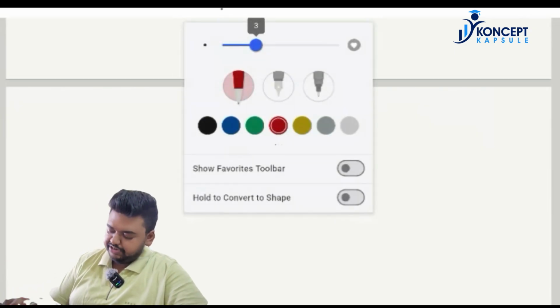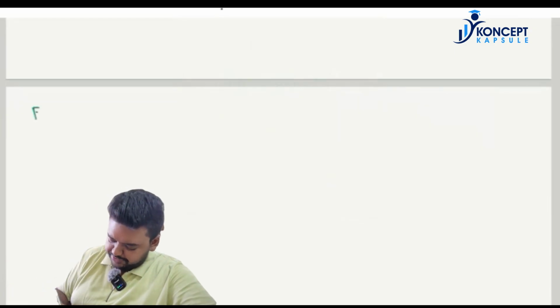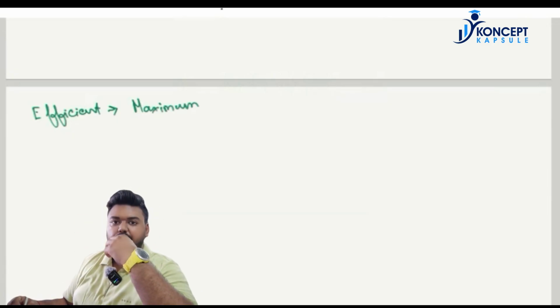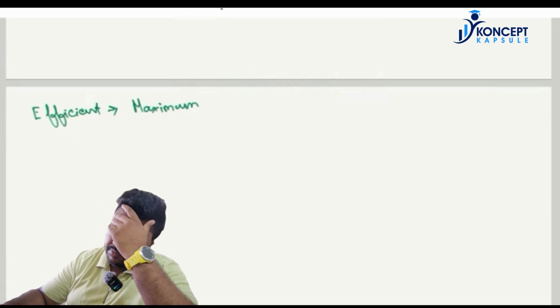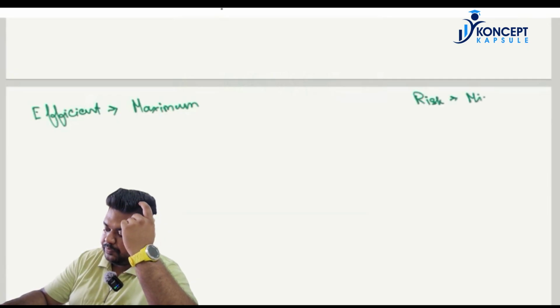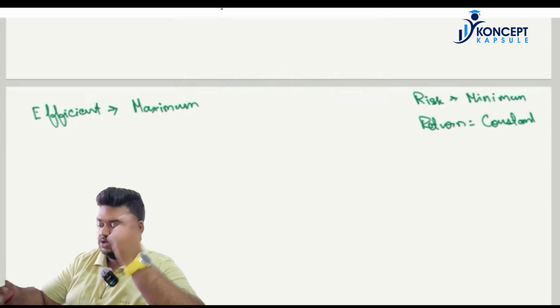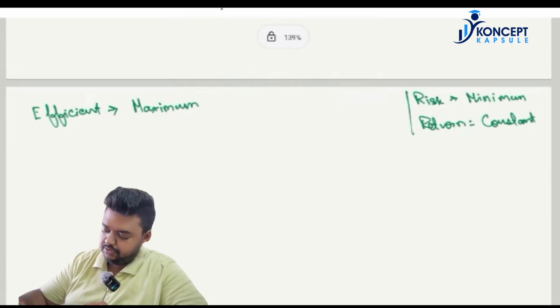Now we come to efficient frontier. What is efficient frontier? Efficient frontier is exactly opposite of minimum variance. What was minimum variance? Minimum variance was the risk is minimum, return is constant. Now what will be the opposite of this?